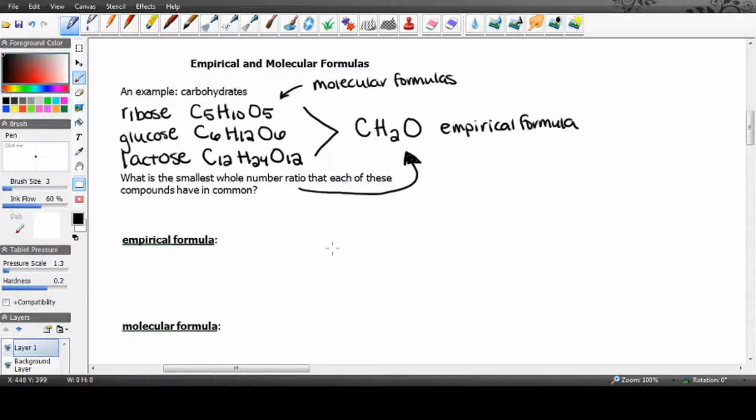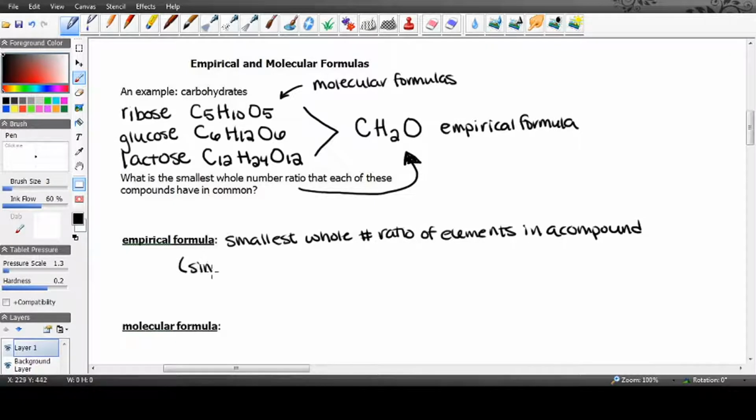So let's go ahead and define those. An empirical formula is the smallest whole number ratio of elements in a compound. It's the simplest formula.